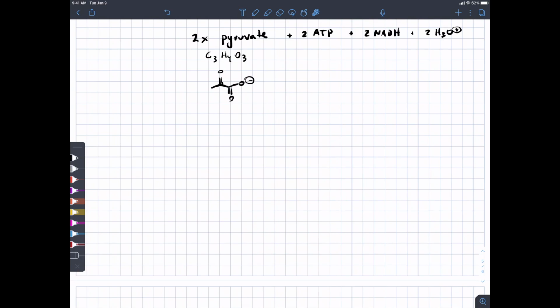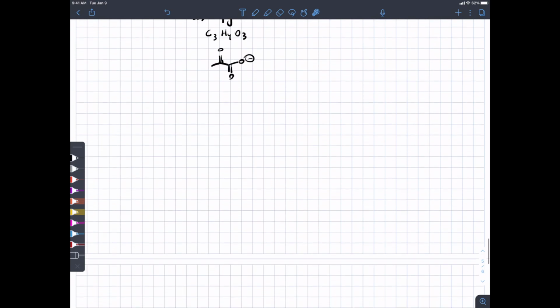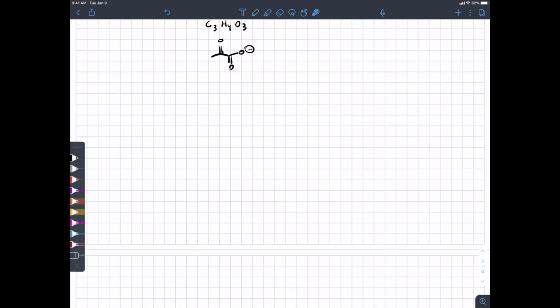Some of them are the investment phase. We're actually going to consume a couple molecules of ATP just to get started, but we're going to make those back and then some.